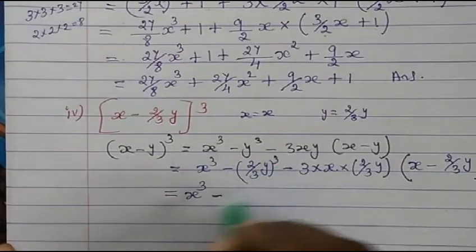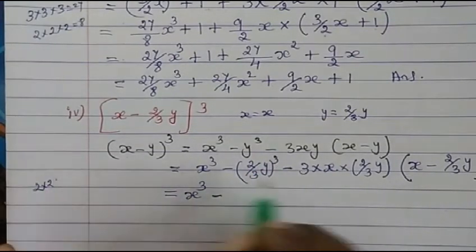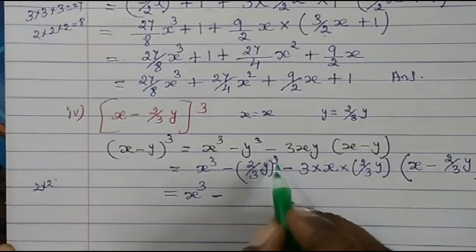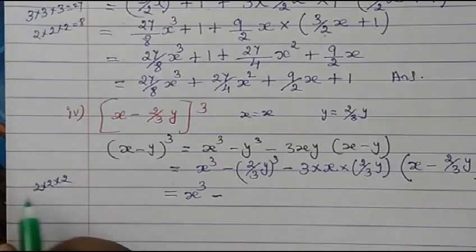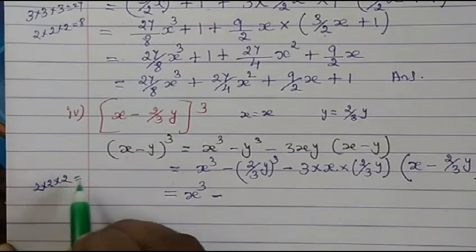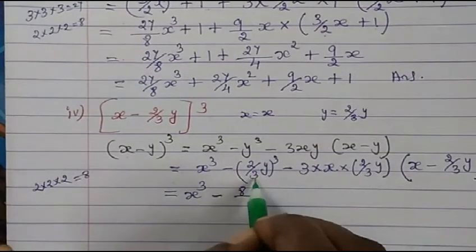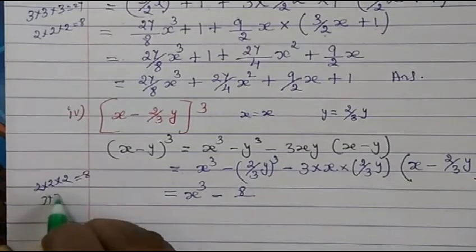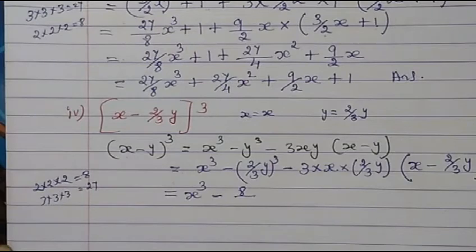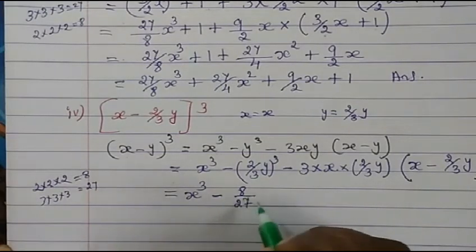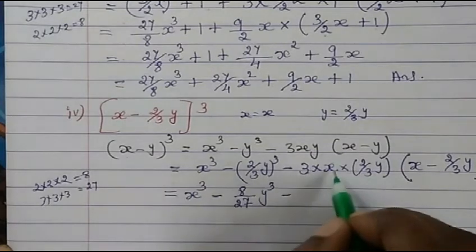So now x cube will remain as it is minus, now 2 3 times, so 2 2s are 4, 4 2s are 8, so 8. Now 3 times, 3 3s are 9, 9 3s are 27, so it will be 27.